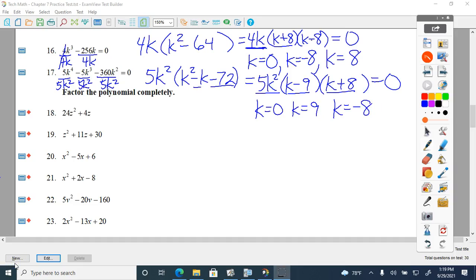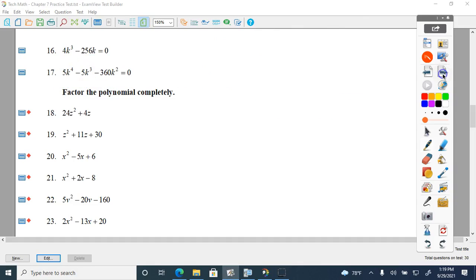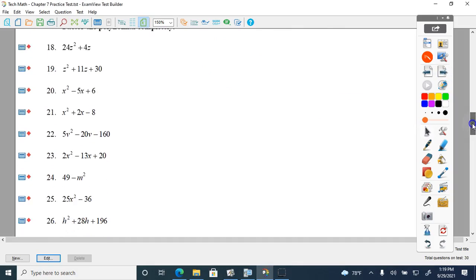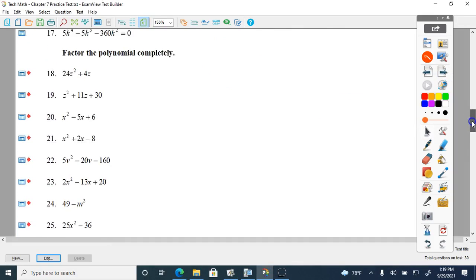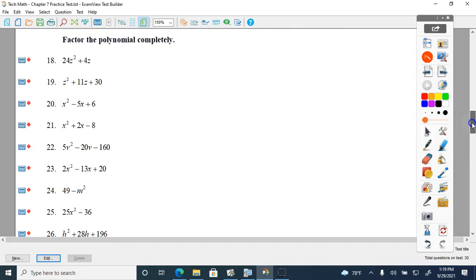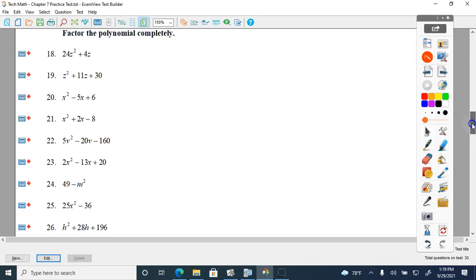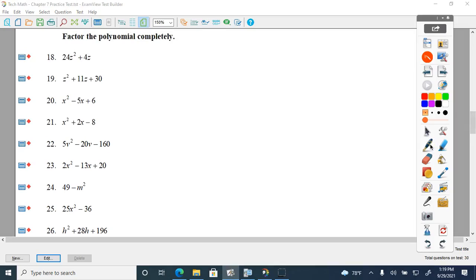All right, our last sections, 18 through the rest, we are factoring. All through, what is that, 12, 13 more? The rest of them you're factoring. Okay? So this one, start out just doing the common factor.